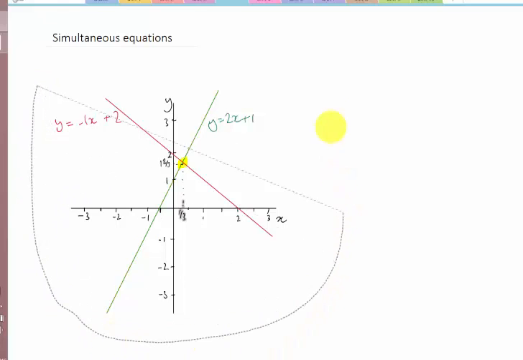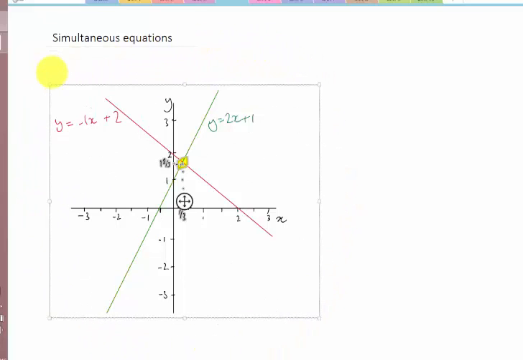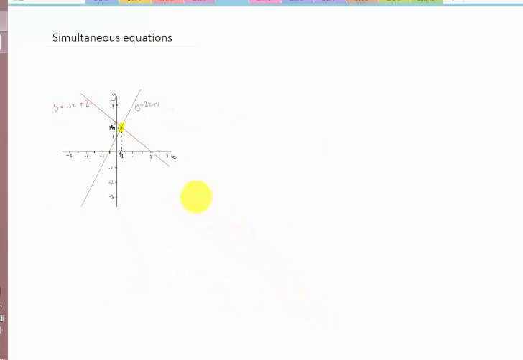So let's just make that small because I have other things to say here. Okay, so bear that in mind. So let's write it out.